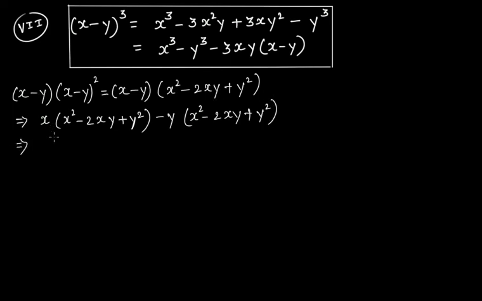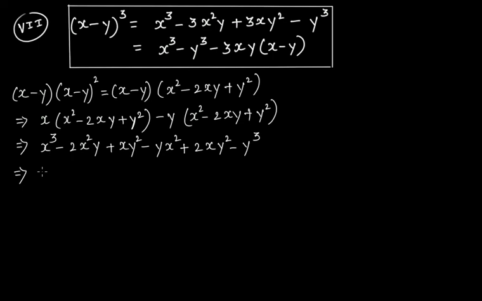So this is x cubed minus 2x squared y plus xy squared, then you have minus yx squared, then you have minus multiplied by minus is plus 2xy squared, and then you have minus y cubed, right?